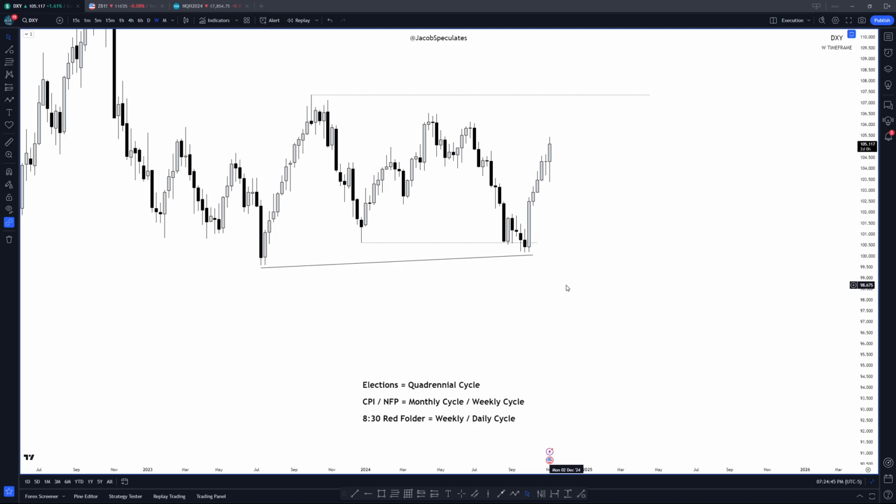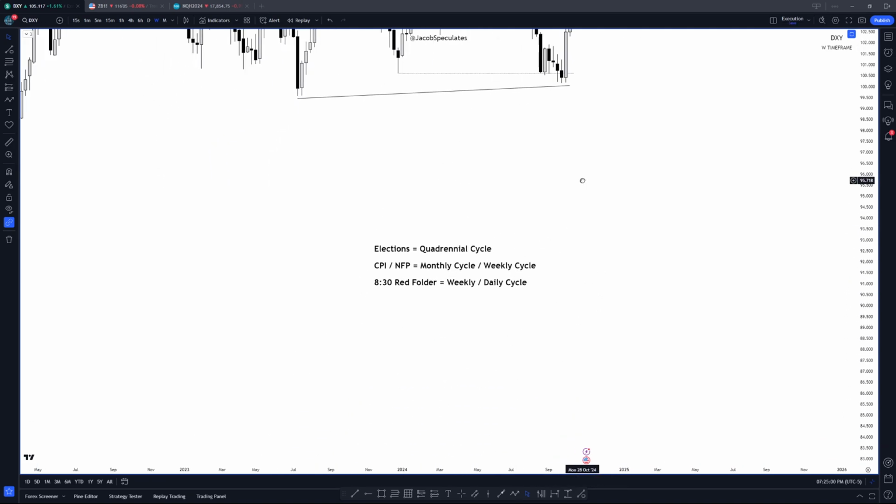The index futures, typically the SMT doesn't follow through above the monthly time frame. And I hope I made this clear with this right here.